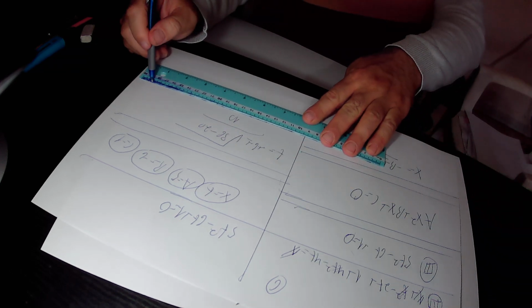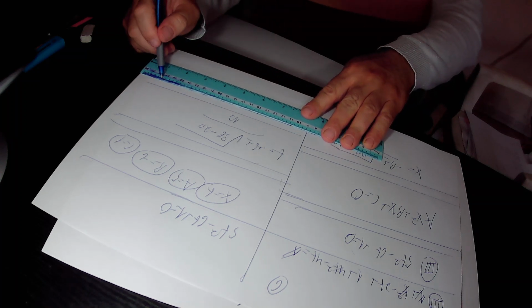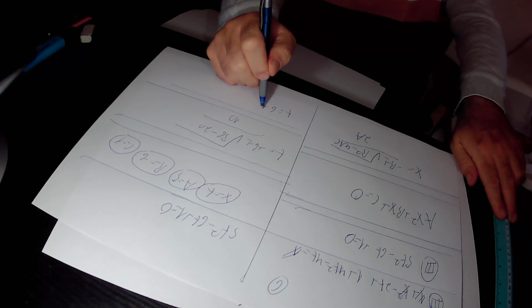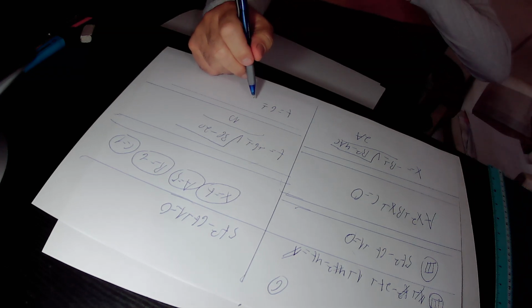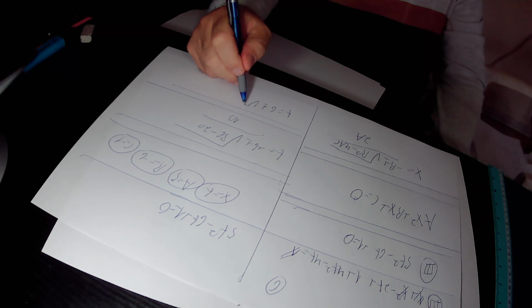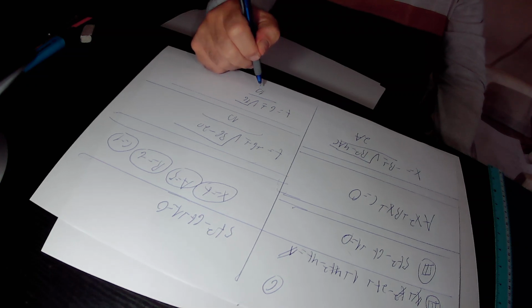So we found that t equals 6 plus minus the square root of 36 minus 20, which is 16, divided by 10.